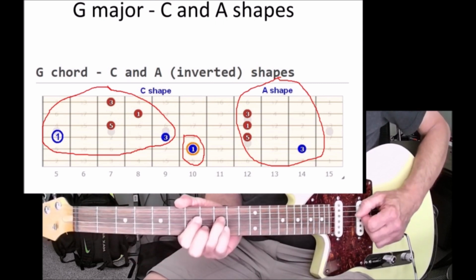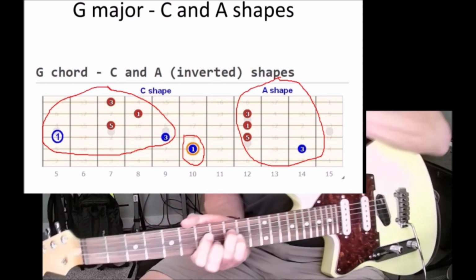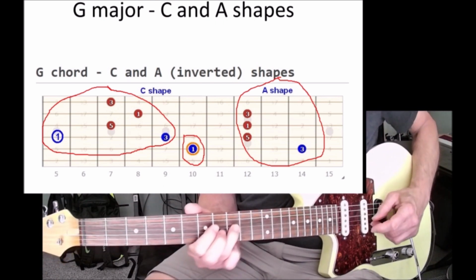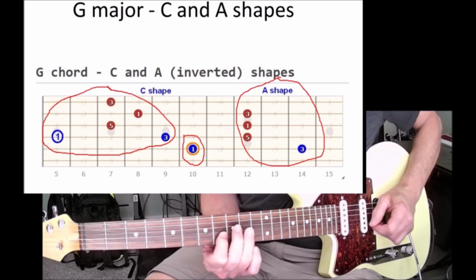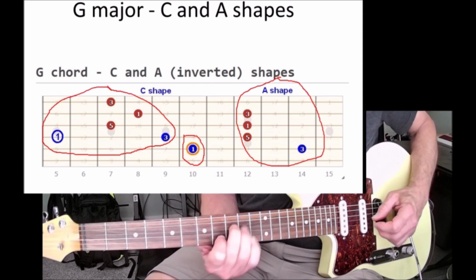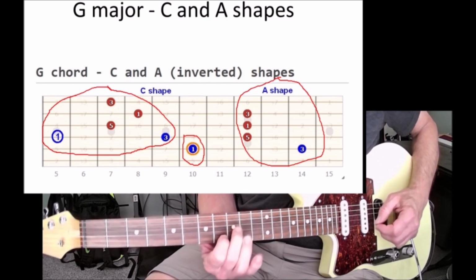So anyway, here I am playing the inverted shape of this, and what I want to point out is that this is the 3 and this is the 1, right? So if I just do some double stops, we're just using 2 fingers, holding that 3 down and the 1.